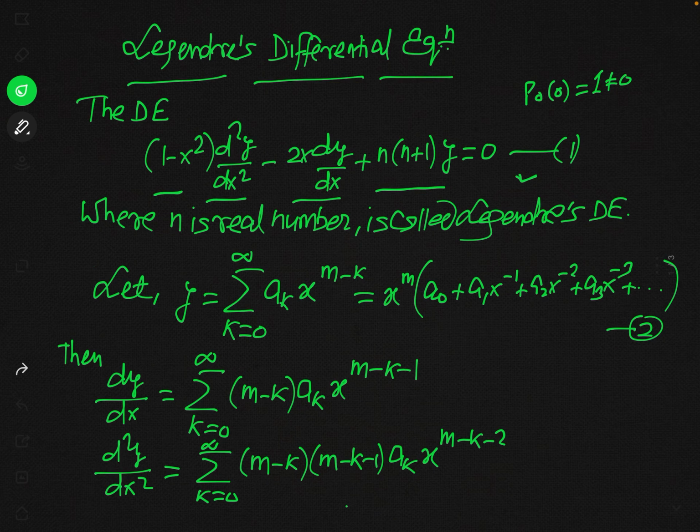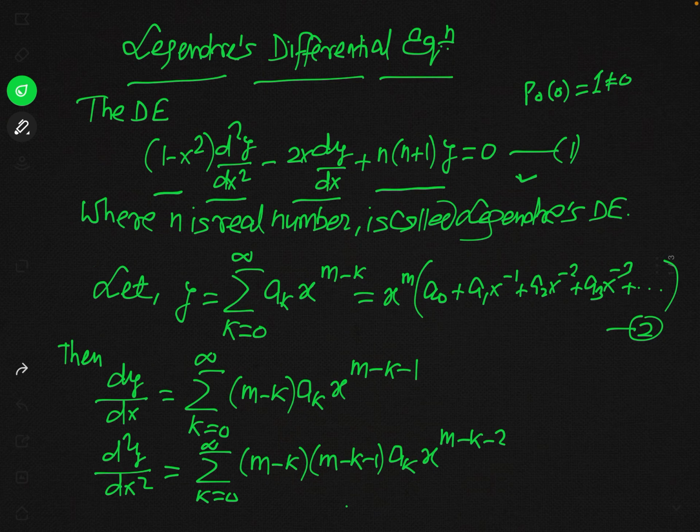And you have seen earlier that when x equal to 0 is a regular singularity of the given differential equation, the equation has a series solution, which can be solved in series of ascending or descending powers of x.